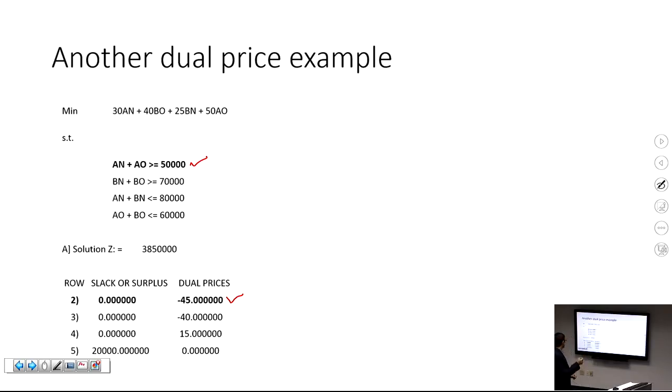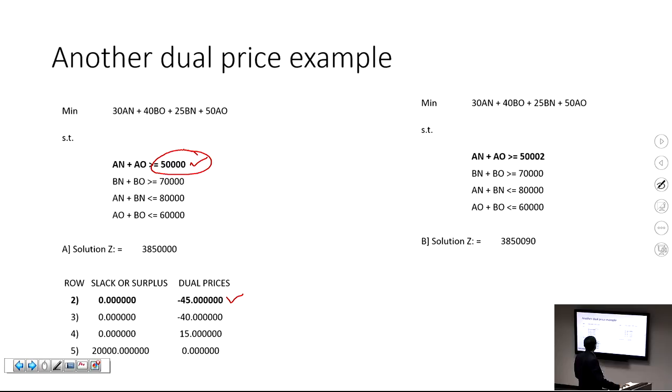We have to make 50,000 product A's. That's the constraint. What a negative dual price means is, if you increase the right hand side of the constraint, your objective function gets worse. So I'm going to increase that number by, let's say, 1 or 2.